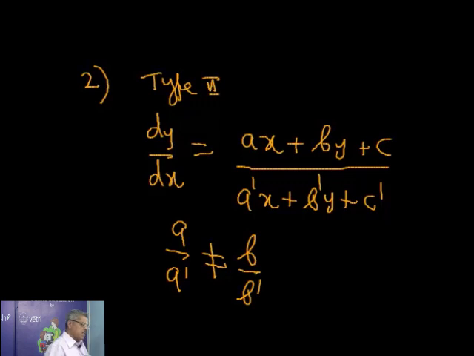If a by a dash is not equal to b by b dash, we will reduce this non-homogeneous to homogeneous by proper substitution. After that, as usual, we solve. Let us illustrate this with an example.